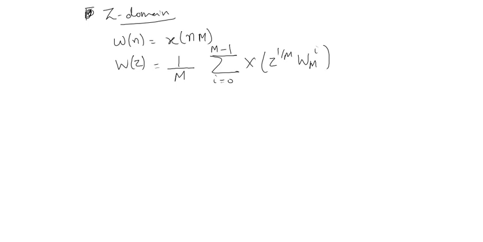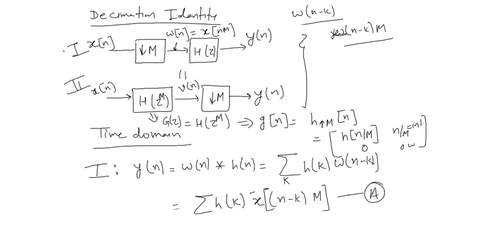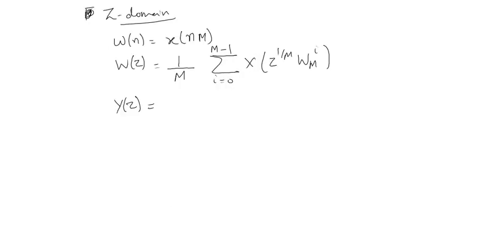Now, what will be y of z? So y of z will be h of z multiplied by w of z.